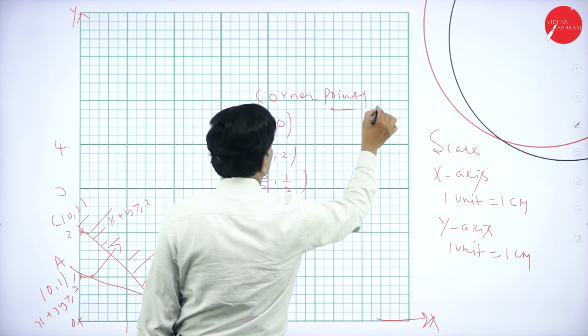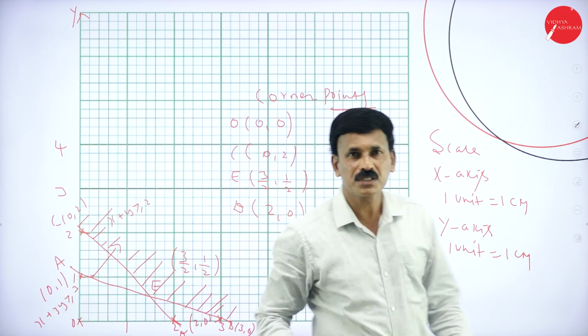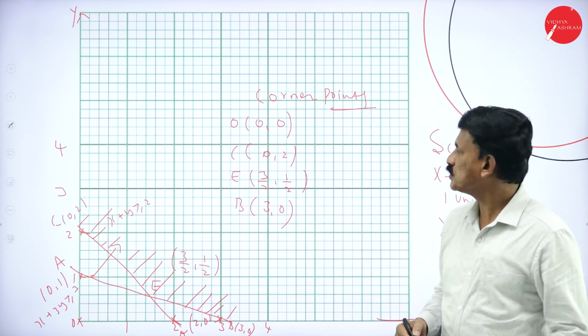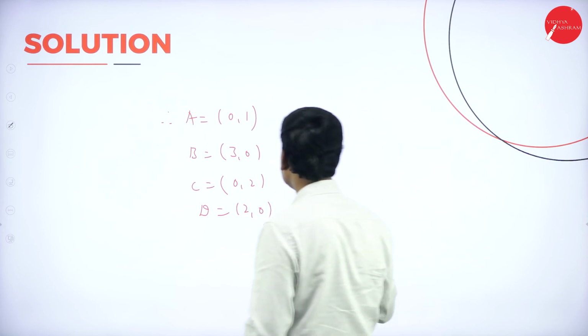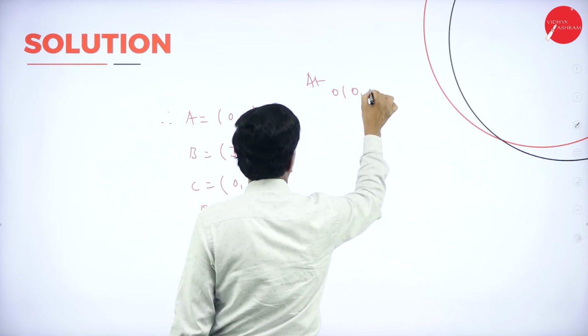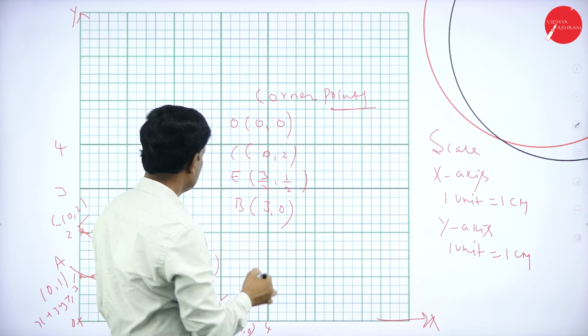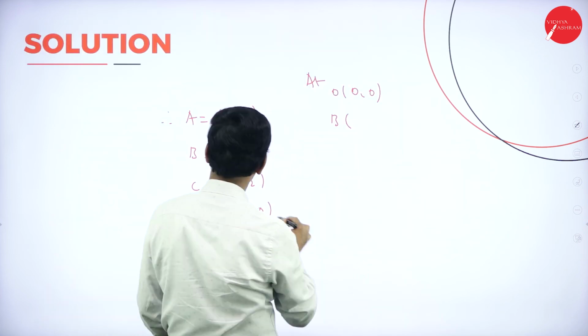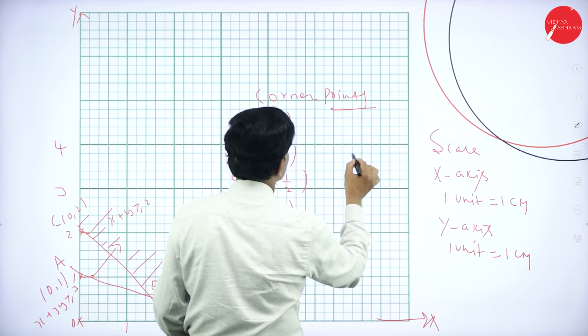Now find out the feasible solution. So I will substitute here. At 0 comma 0, then B. What is B? B is 3 comma 0.